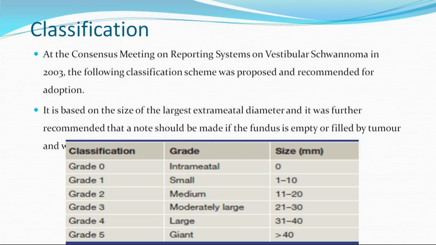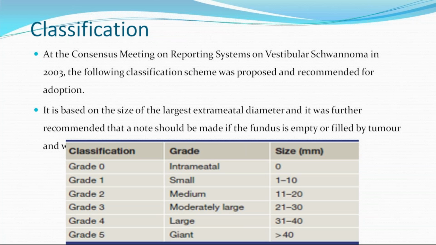Coming to the two types I told you, solid and cystic. The solid tumor has a more predictable course, in the sense that in certain patients you can wait and watch, or wait and scan. That is the principle of wait and scan: you follow up the patient regularly.